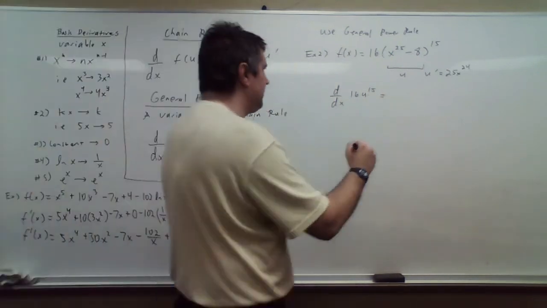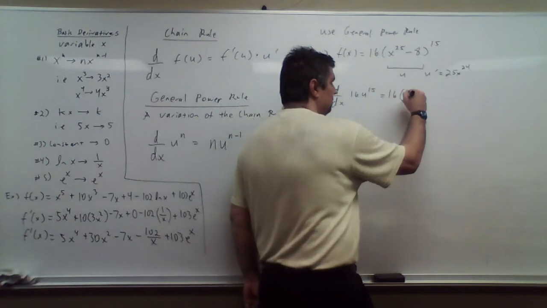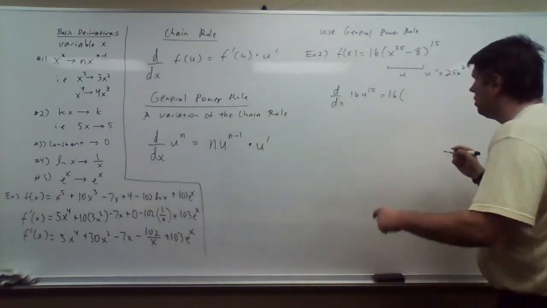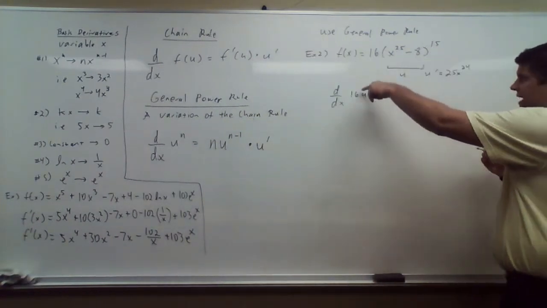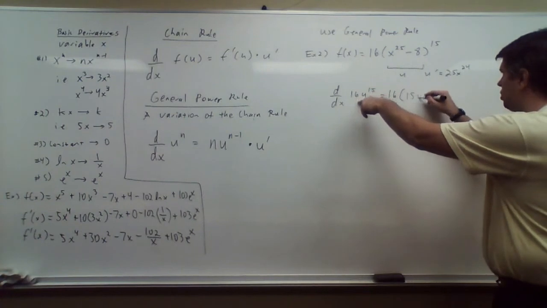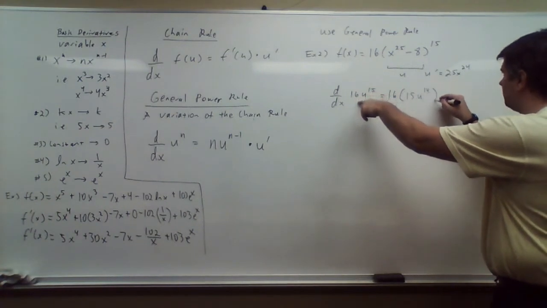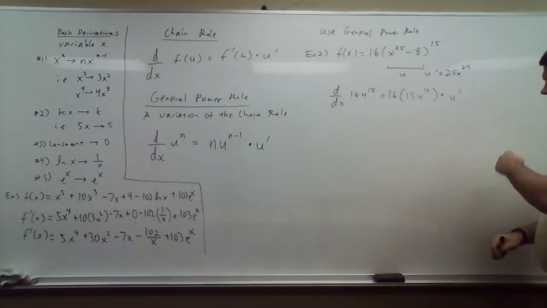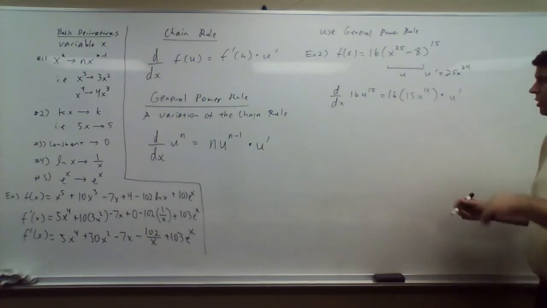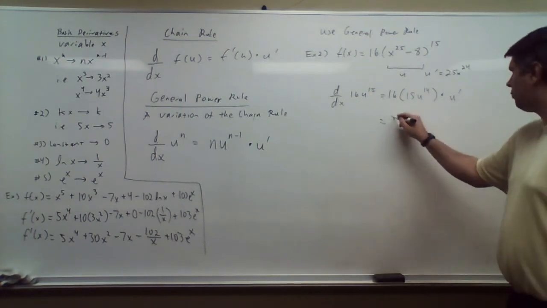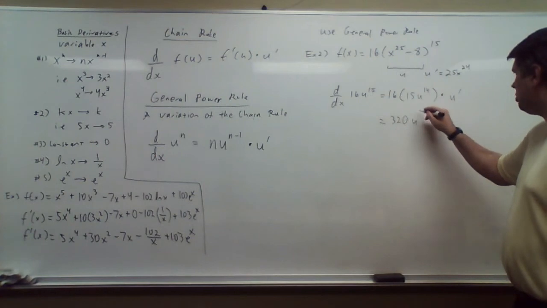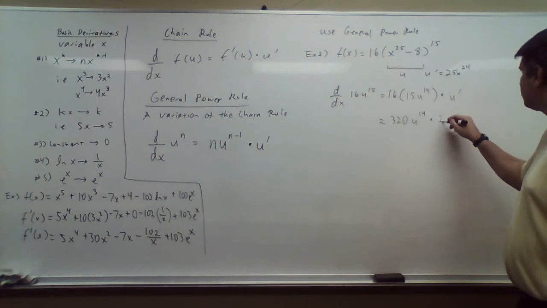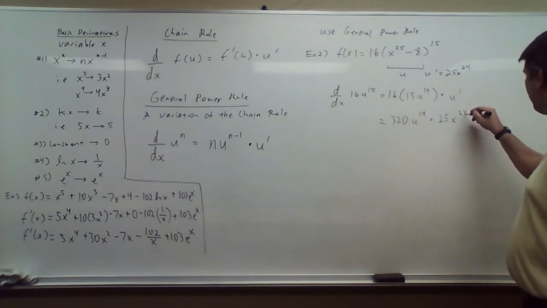So you will have 16, the 15 will go to the front, you will go down a power, and then we will also need it times u prime, which would be 320 u to the 14th power times 25x to the 24th.